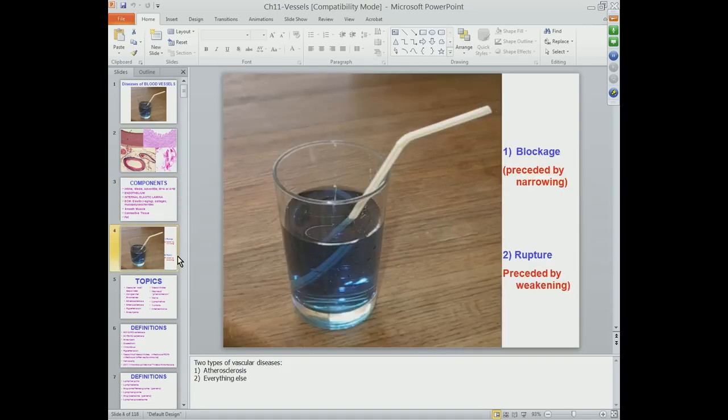Once again, from a clinical functional point of view, I can't think of a single disease we're going to be talking about in the next couple of days in which the endpoint is not blockage of that tubular vascular structure, of course preceded by narrowing.